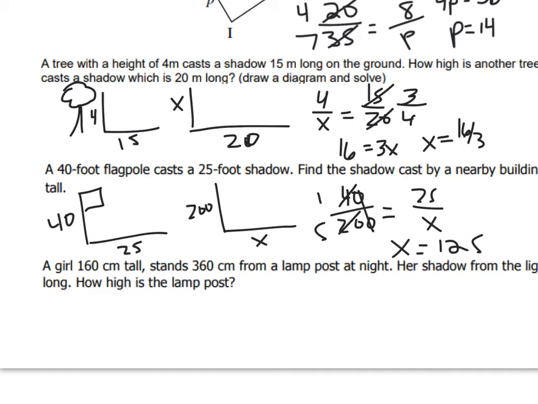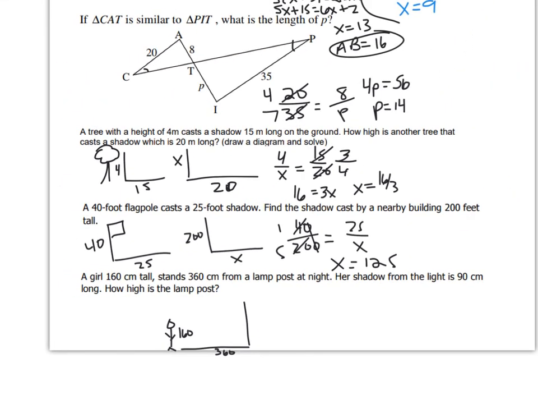A girl who is 160 centimeters tall stands 360 centimeters from a lamppost at night. Her shadow from the light is 90 centimeters long. How high is the lamppost? So 160 over 90 equals x over, the important part of this problem is to make sure you put the entire distance.